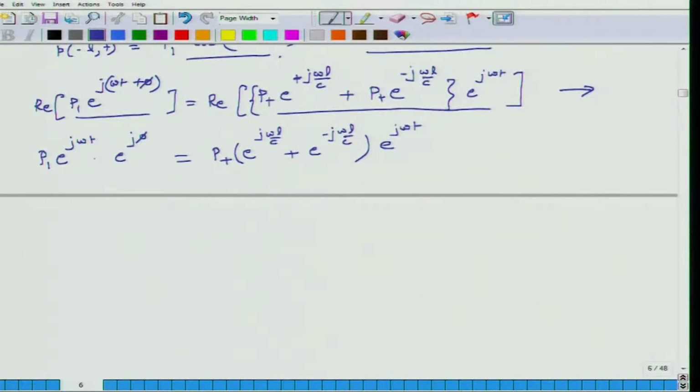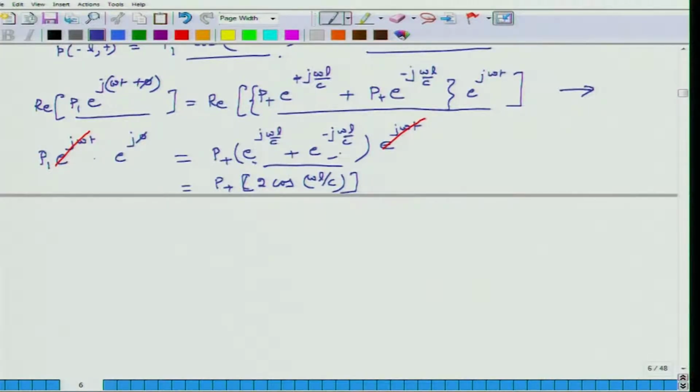Okay. So e j omega t and e j omega t get cancelled out from both sides. Also, this term is nothing but P plus times 2 cosine of omega L over c, because when you expand e j omega L as cosine omega L over c plus j times sine omega L over c, the sine terms from this term and this term cancel out.